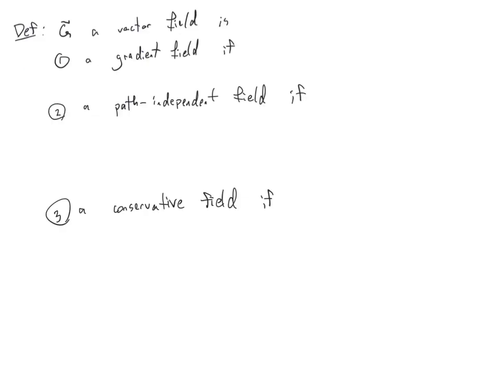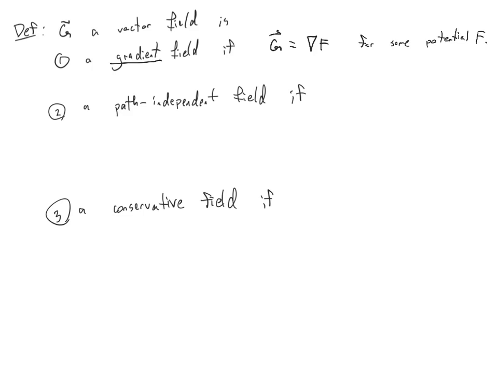So this brings us to three definitions for vector fields. The first one we already know. If G is a vector field, then we say it's a gradient field if G is equal to the gradient of f for some potential function f.